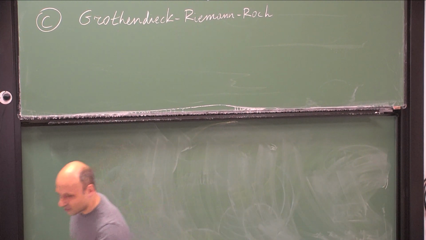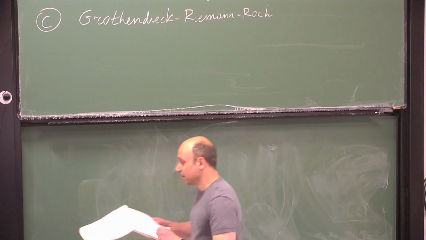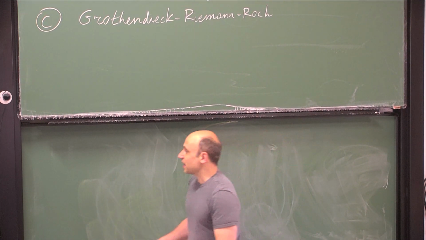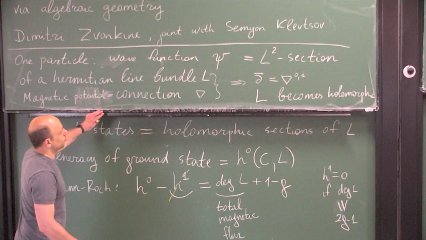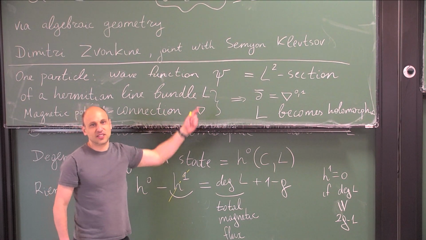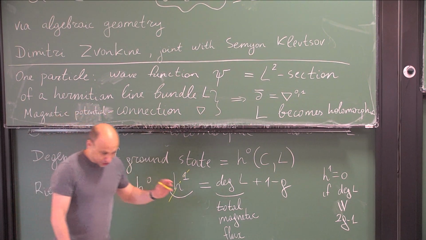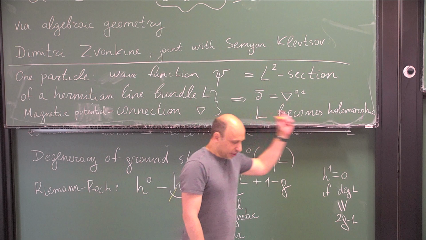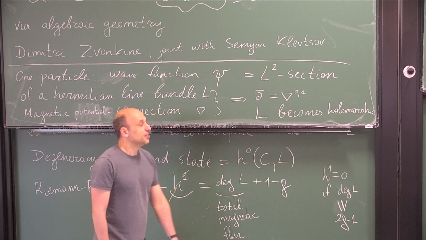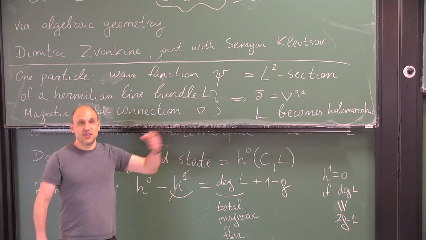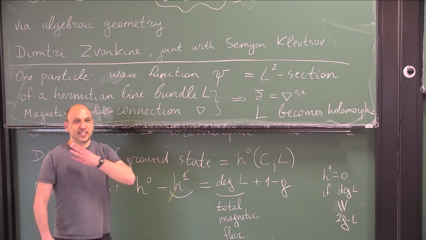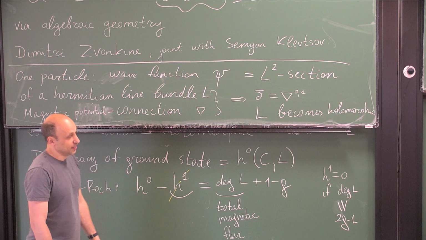Okay, so when we switch on the electric field, what happens is that the electromagnetic potential, I cheated a little bit. When I said it was a connection on this line bundle, it was a little bit of cheating. Actually, it's a connection on the line bundle over the space-time. So I should take my surface C, multiply it by the time line, and take a connection on this.